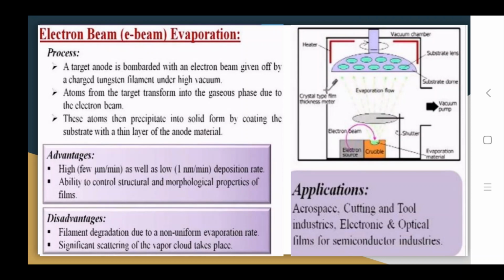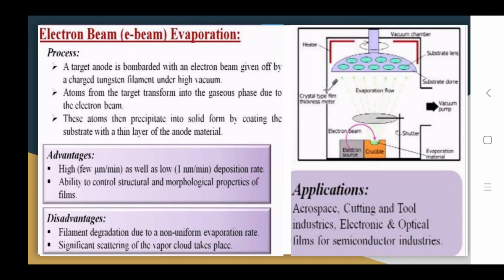Now, what are the applications? Generally we use this for aerospace materials, the cutting tool industry, electronics, and optical films for the semiconductor industry. So there are several applications of this technique.